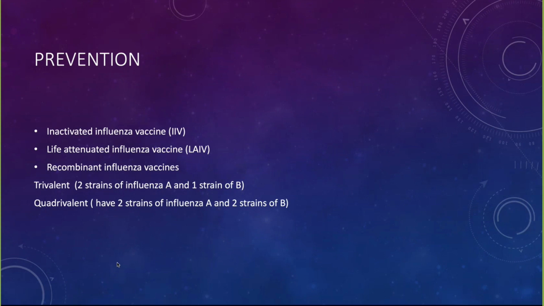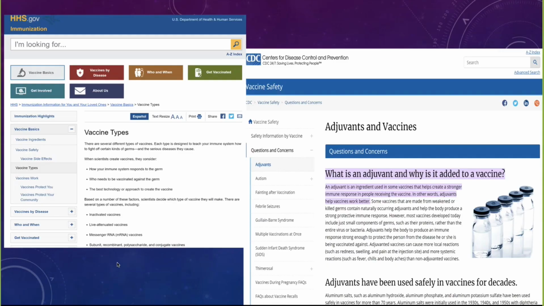Sometimes that adjuvant is responsible for some local reactions. If you want to read more about the types of vaccines that are out there, you can go to these government websites and look up adjuvant vaccines, because it's added to different types of vaccines, not just influenza.